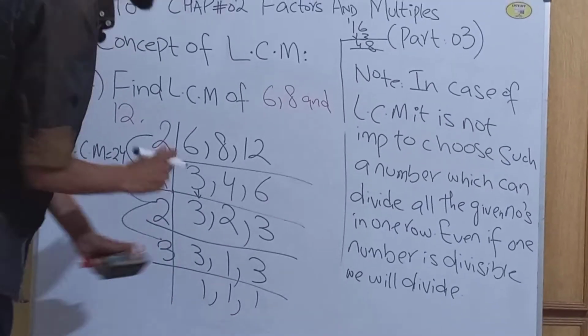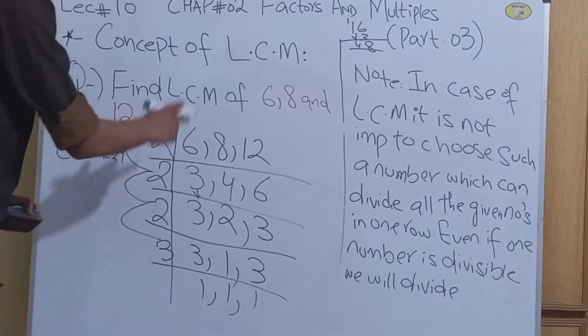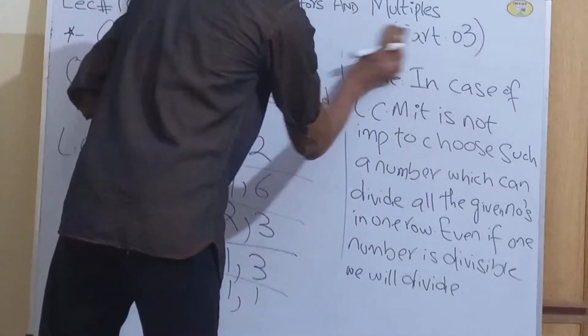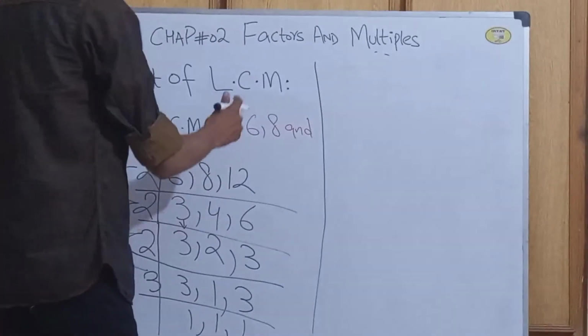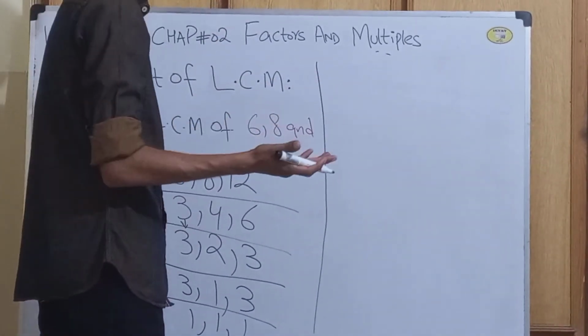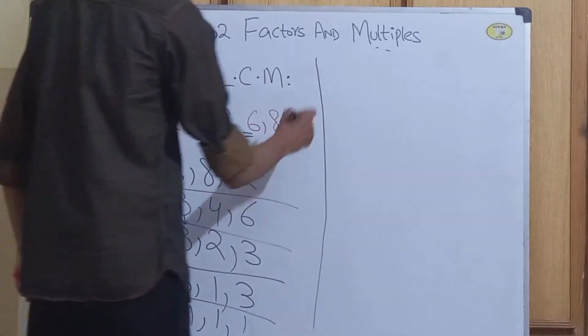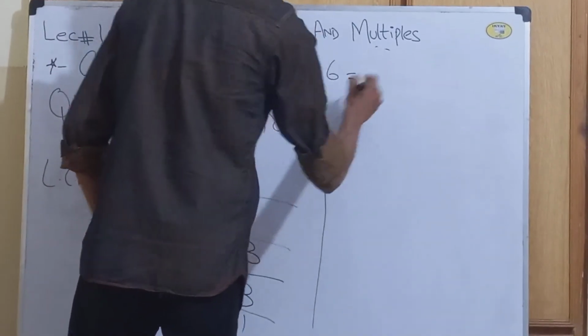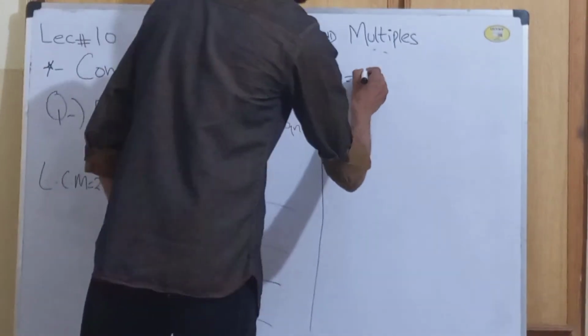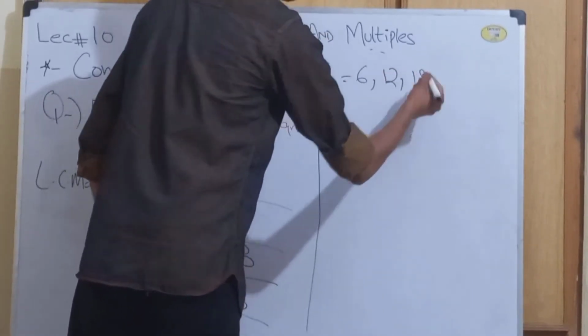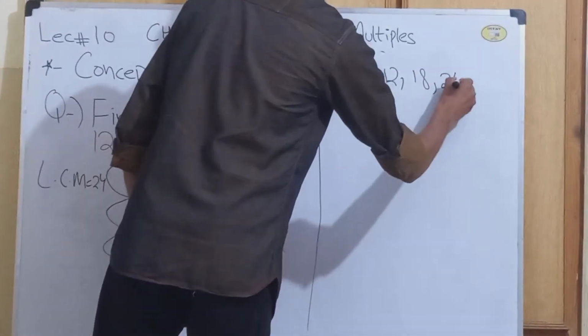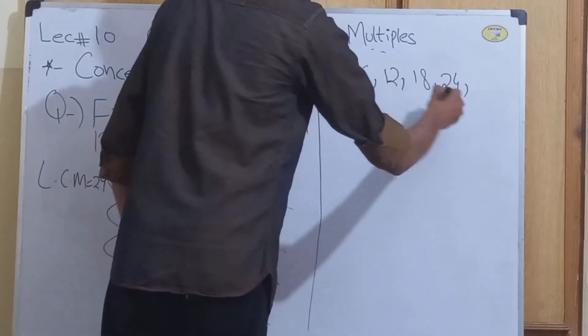There is another method with which we can solve the same question. I will explain that method. In this method we will write the first 5 or 6 multiples of all these numbers. For example, the first 5 multiples of 6: 6 1s are 6, 6 2s are 12, 6 3s are 18, 6 4s are 24, and 6 5s are 30.